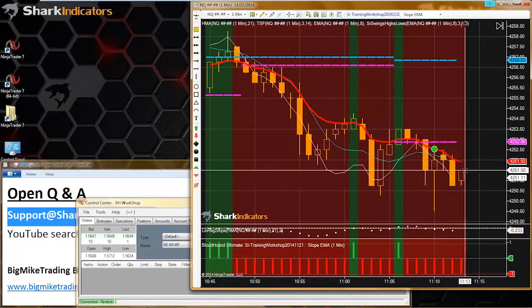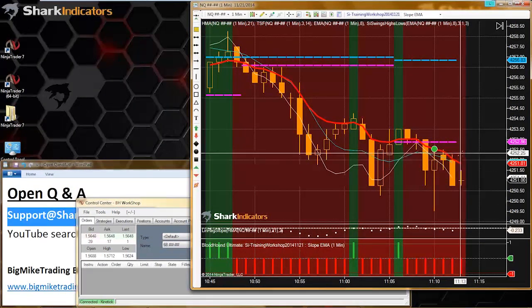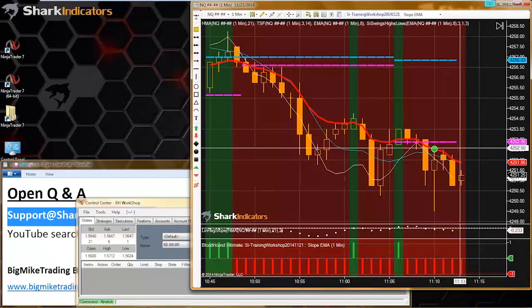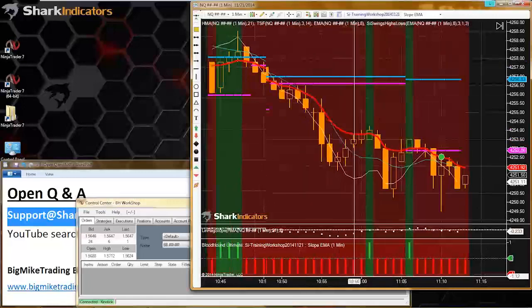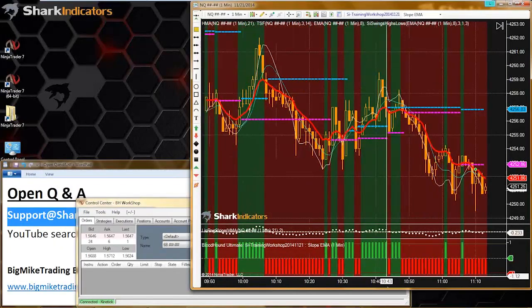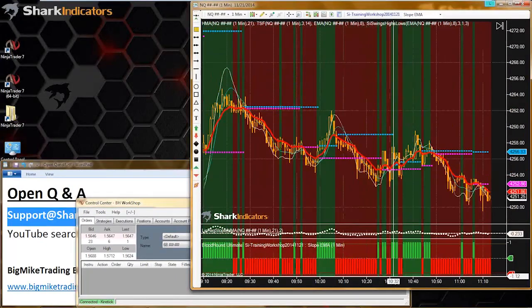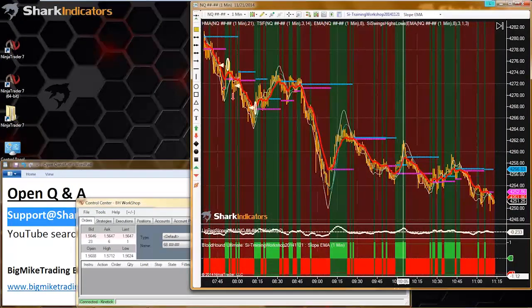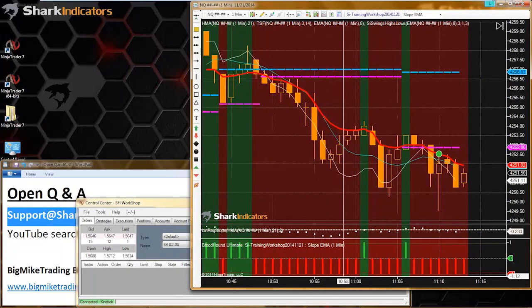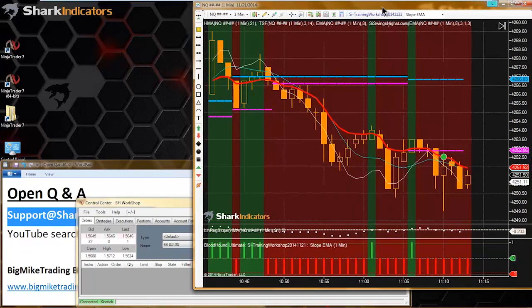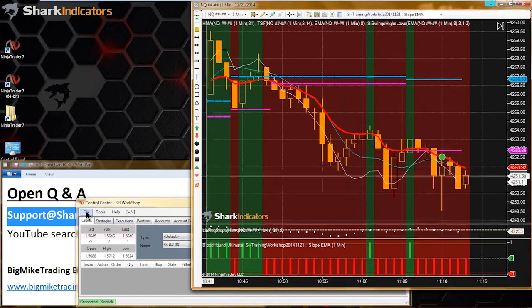And with any luck, if price pushes up, it'll get our EMA to start sloping up, but it kind of looks like we're in a downtrend today, doesn't it? Or at least, yeah, it sure does. Let's see.